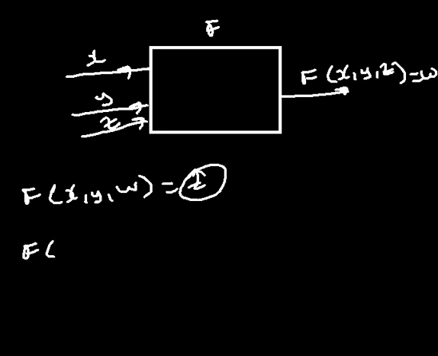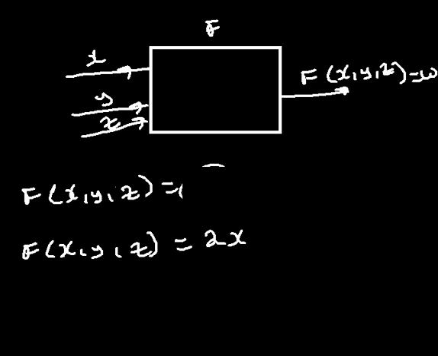So in this case, for examples of functions with three variables, we can have, let's say, f of x y z, which can be given as 2x. By the way, we should have z here, and w there.